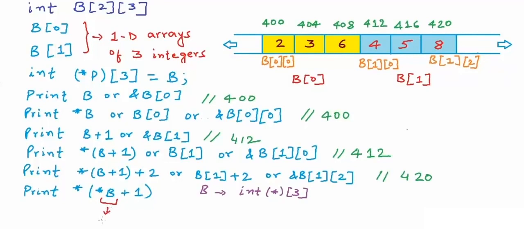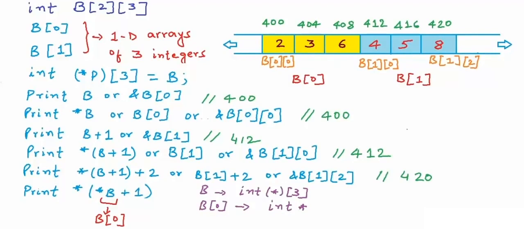So asterisk b, as we know, will give us b0. Asterisk b is the same as b0. Now b0 in my expression, because b0 is the name of a one-dimensional array, returns me a pointer to the first integer in the one-dimensional array. So b0 returns a pointer to integer. We will get a pointer to this integer at address 400. Now what will happen if you add 1 to an integer pointer?